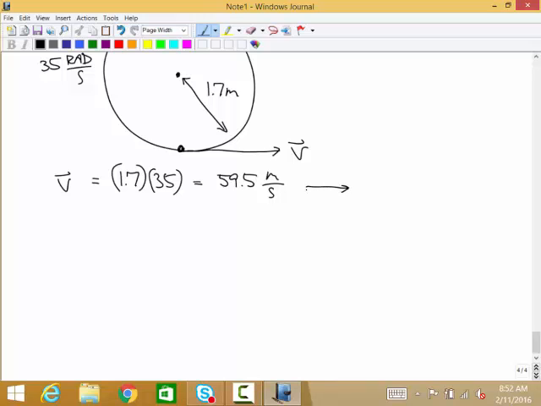That's the positive x direction. And so that's 59.50 meters per second. Or you could also write this as 59.5 meters per second in the positive i direction.